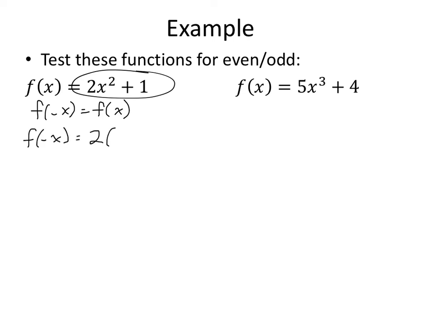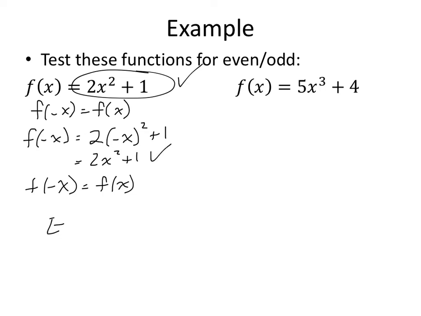So 2 times negative x squared plus 1. Well, negative x times negative x is just positive x squared. So we know that f of negative x does equal f of x because these two are the same thing, so this function is even. Okay? That means it's symmetric with respect to the y-axis.